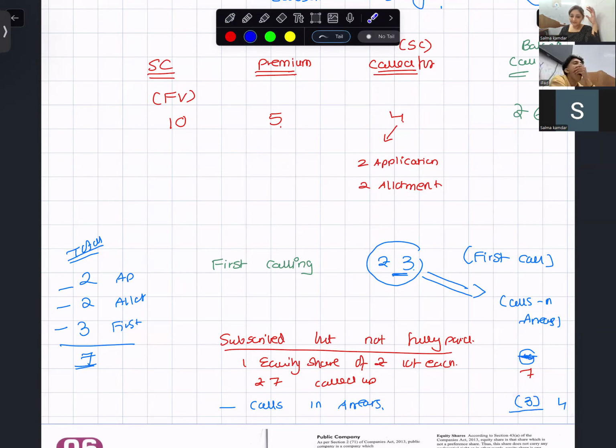Are you with me? Okay. So this is the concept of first call, allotment money, application money, and how you show it, subscribed and fully paid up, subscribed and not fully paid up. If whatever you have called, you have received, it becomes subscribed and fully paid up. If you have called but you have not received, then it becomes subscribed but not fully paid up. With me?